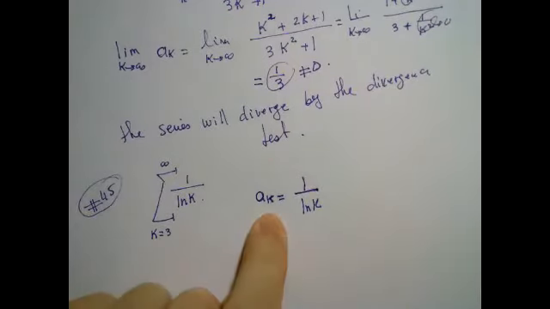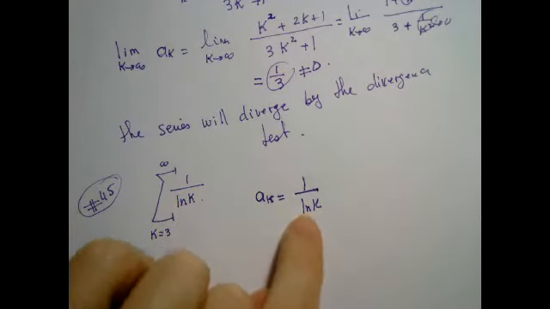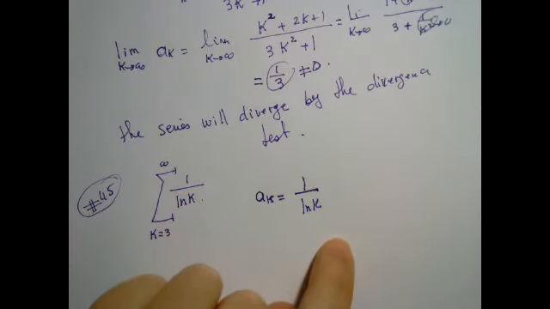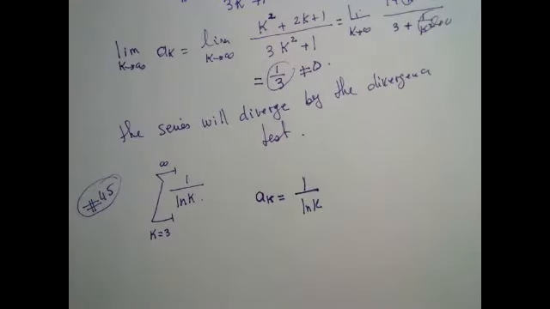First, when k goes to infinity, 1 over ln of k goes to 0. So no conclusion, because the terms are becoming small. The question is, are they becoming very small or not small enough? And that's what the tests are telling us.